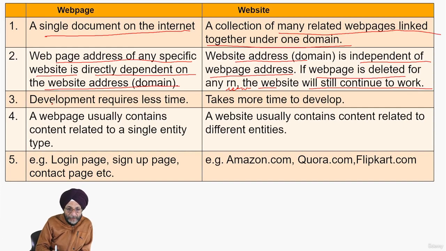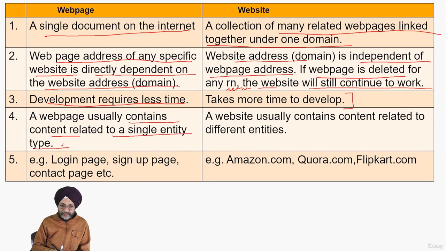In the case of a web page, development requires less time. However, when we have to develop a website, it takes a long time. A web page usually contains content related to a single entity type. A website usually contains content related to different entities.